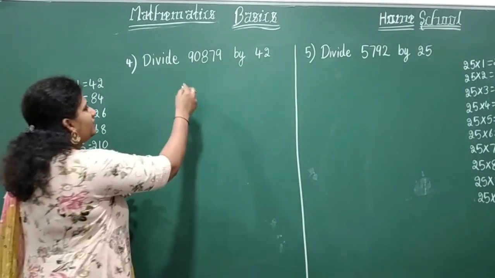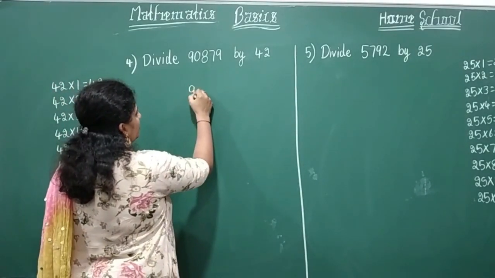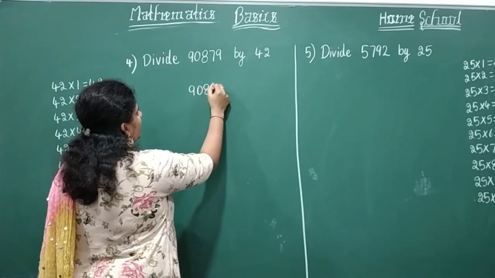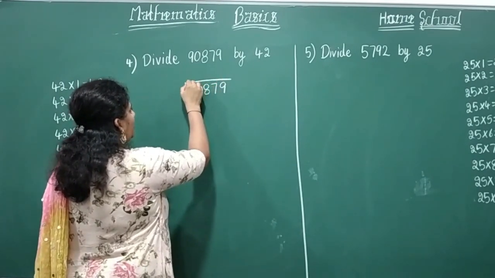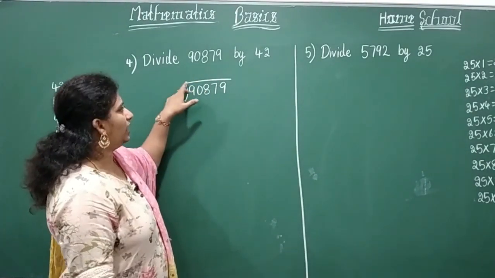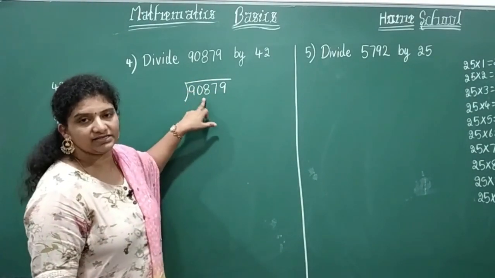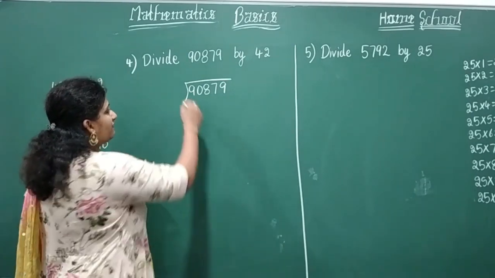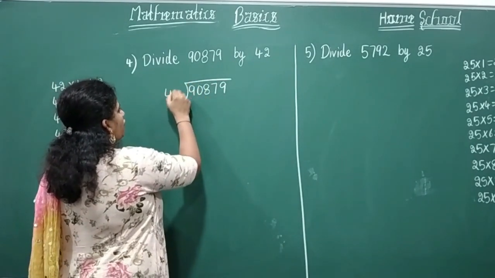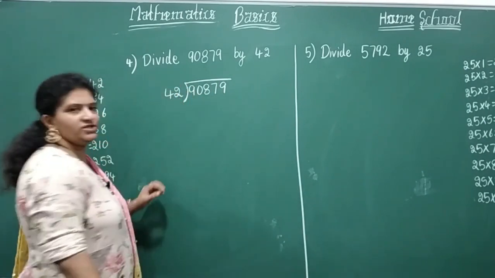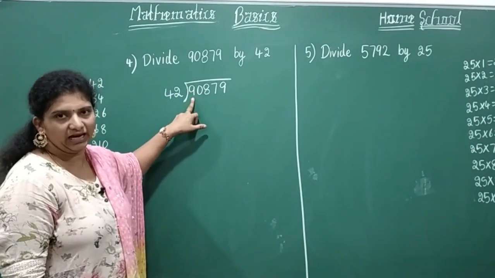So let's start our division. How do we start here? 90879 with a line. Okay, and then here a line, and this is called the dividend. Where do we write our divisor here? In this curve. So that is 42. So here, children, we can't take a single digit, right?